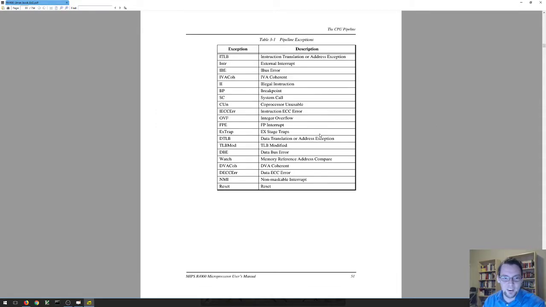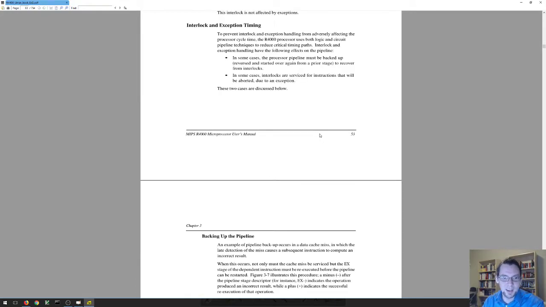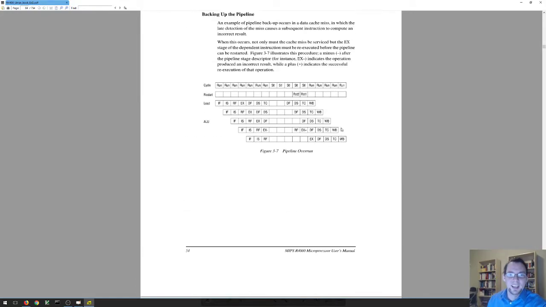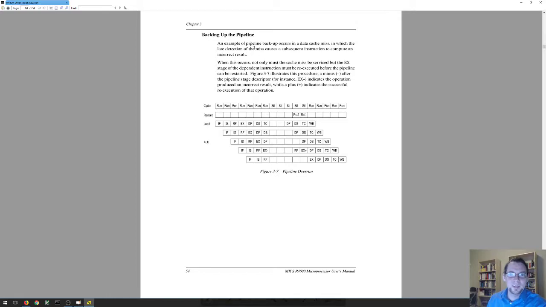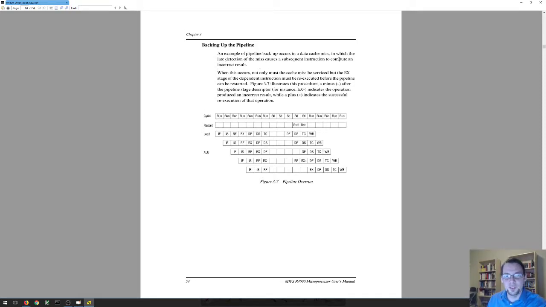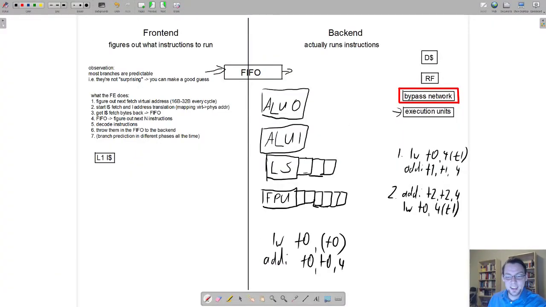There are fun diagrams here. Here is an example of pipeline backup occurring in a data cache miss, in which late detection of the miss causes a subsequent instruction to compute an incorrect result. So this is actually a data cache miss, but it has already forwarded the result of that wrong data cache read to this add.